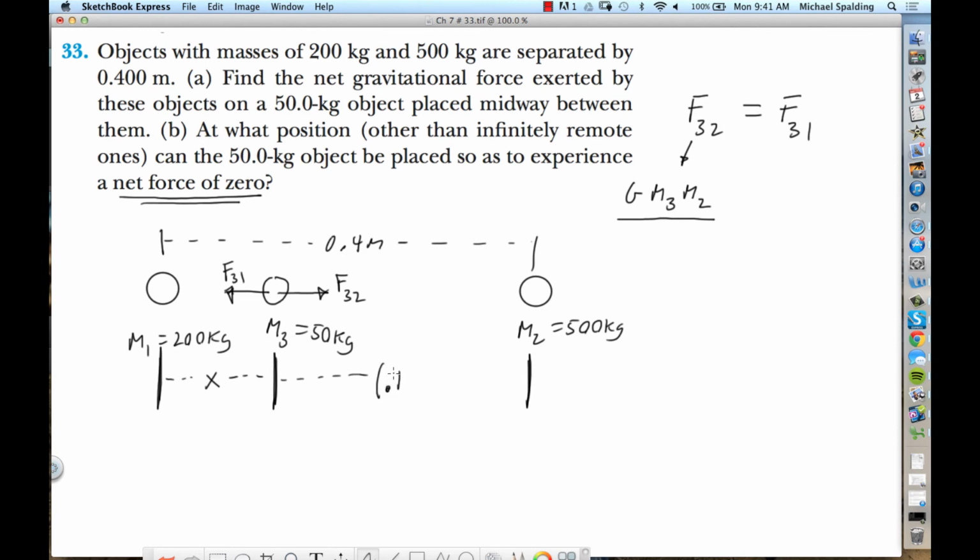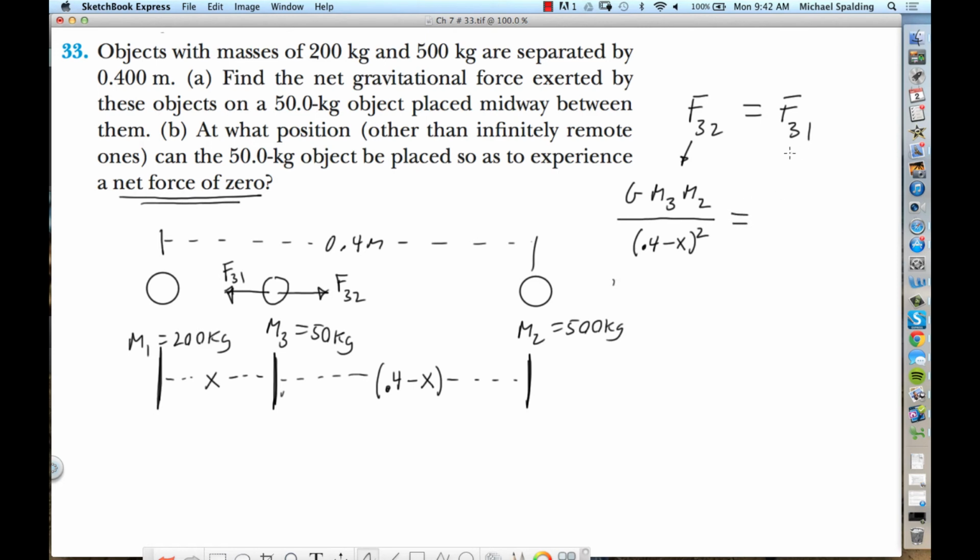That's going to be 0.4 minus x. Does that make sense? So from M1 to M3 is x. From M3 over to M2 is going to be 0.4 minus x. So this distance here, so between 3 and 2, this is going to be 0.4 minus x squared. Right? From M3 to M2 is 0.4 minus x. Don't forget to square it.